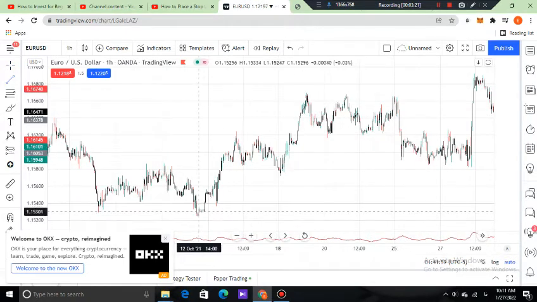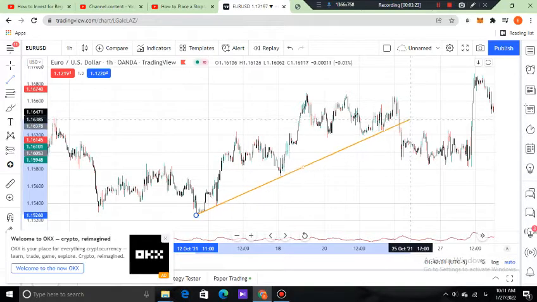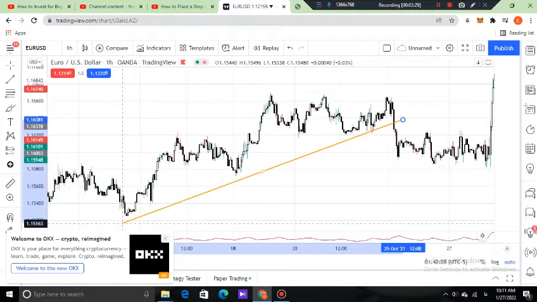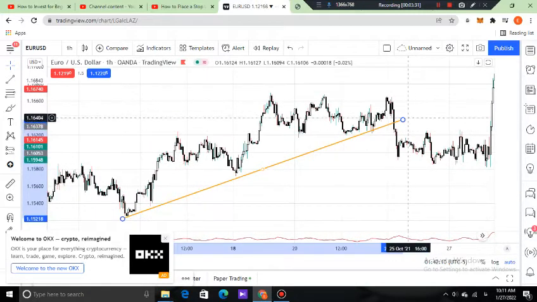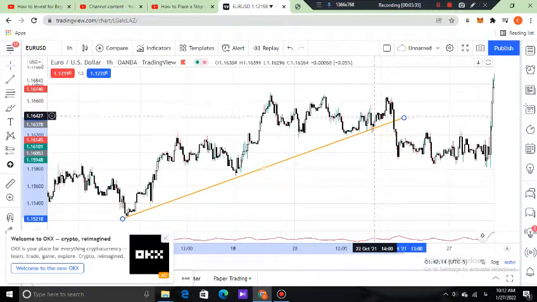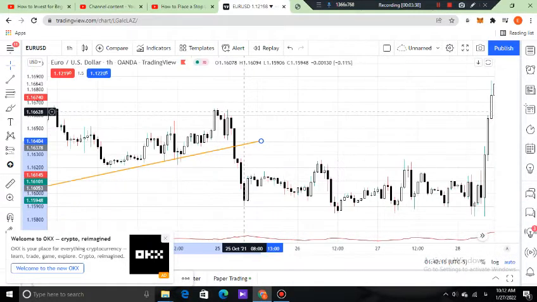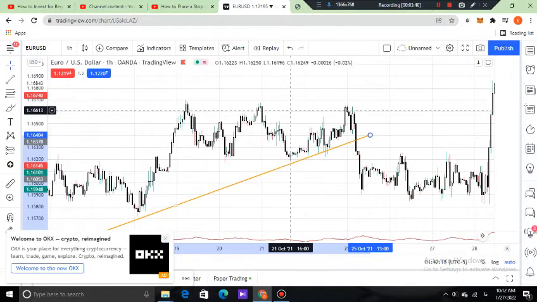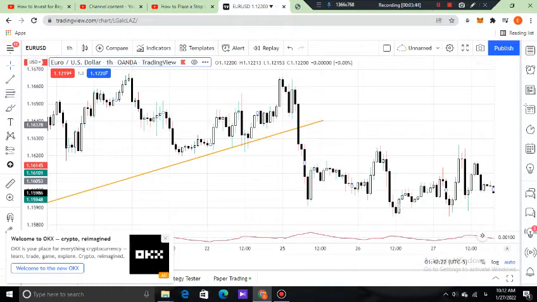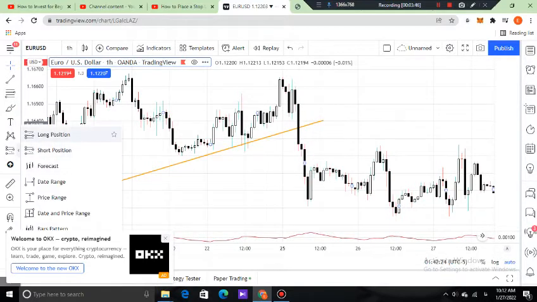Let's check out the bull trend. In a bull trend, we basically take buy positions.